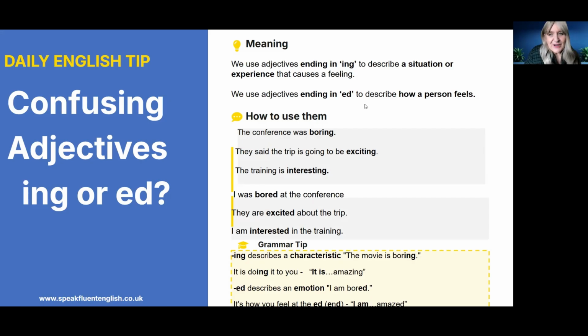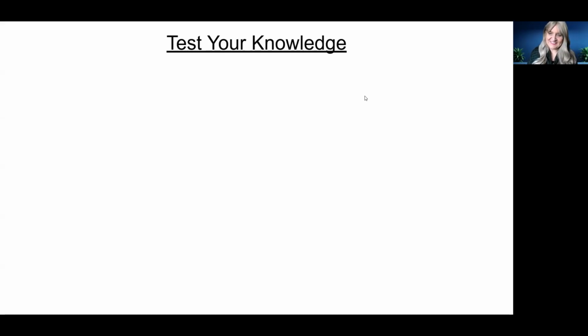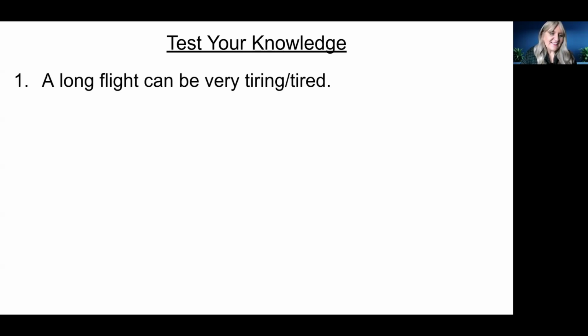But before you go, I want to test your knowledge and see how well you remembered what I taught you today. So let's have a look at the first question, or the first sentence, actually. I want you to decide which adjective is correct. A long flight can be very tiring or tired.